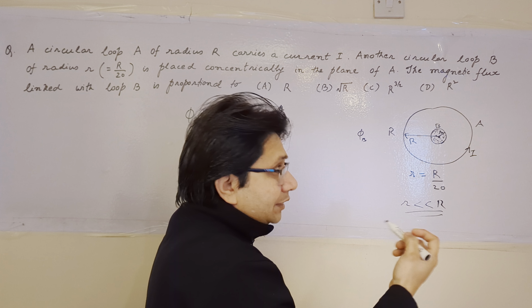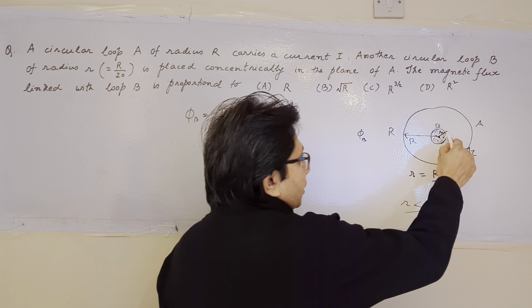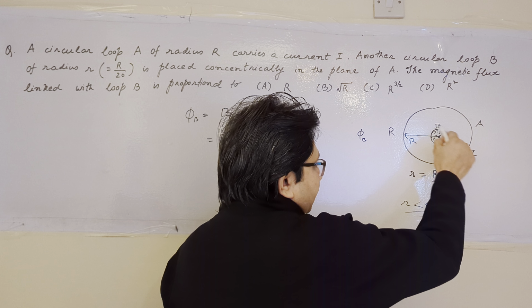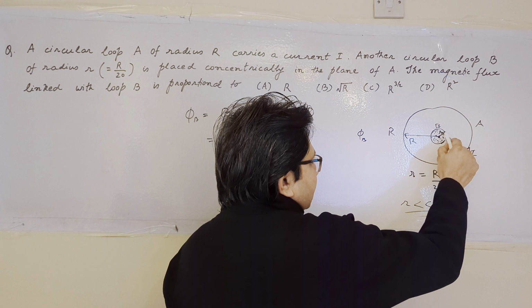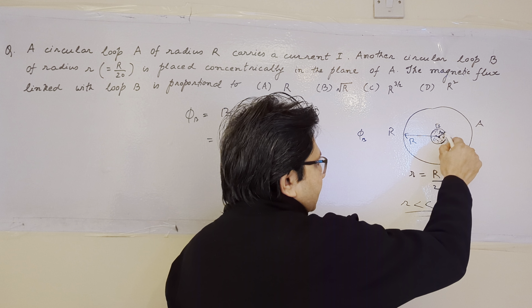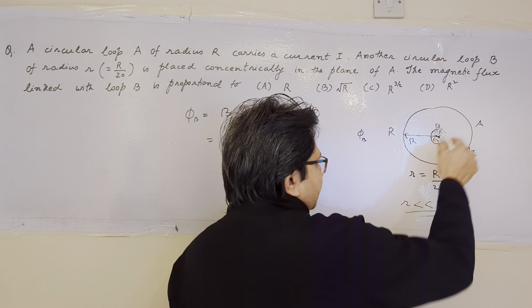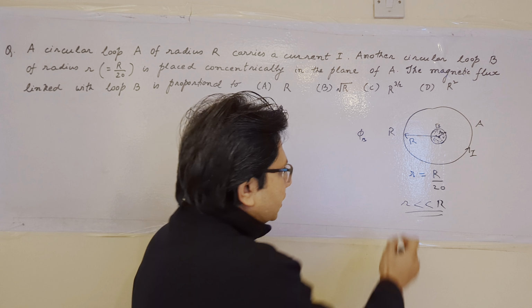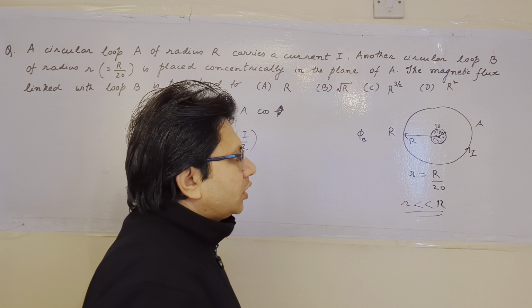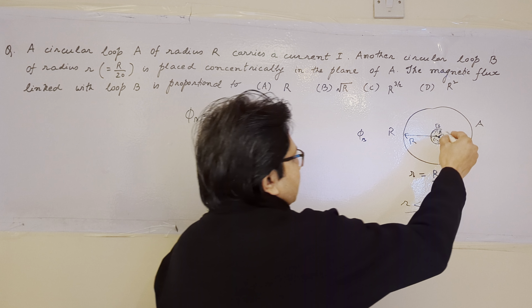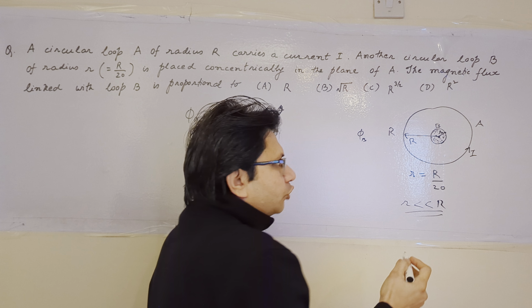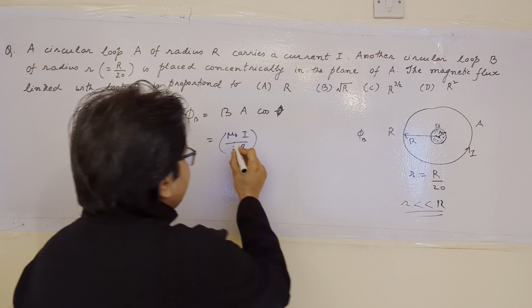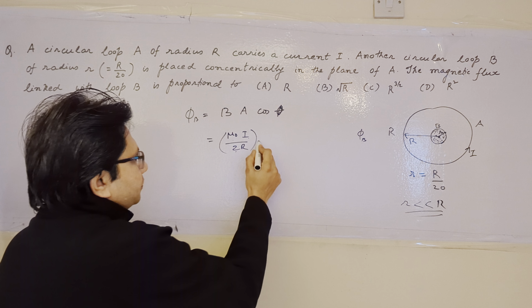In an exact manner, it is not uniform, because at the periphery or circumference of loop B, the distance of this point is smaller compared to capital R, but the difference is very small because small r is very much less than capital R. We can approximate the magnetic field to be uniform inside loop B, and its value is given by mu naught I upon 2R.